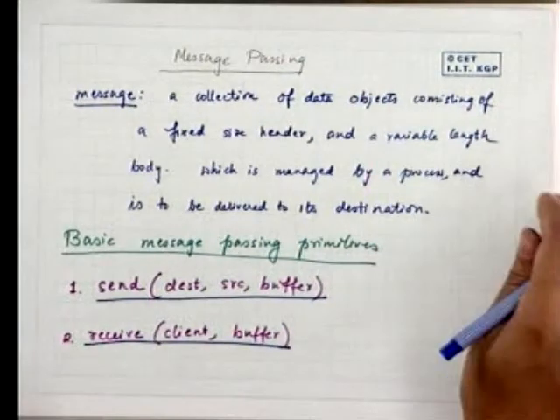The execution of this receive primitive causes the receiving server process to be blocked until a message arrives. The server process specifies the client name of a process from whom the message is desired. So the server is waiting for a message from the client, and it provides a buffer to store the incoming message.